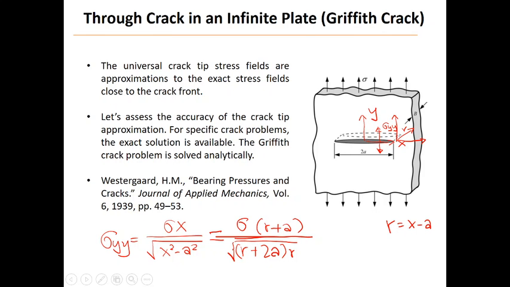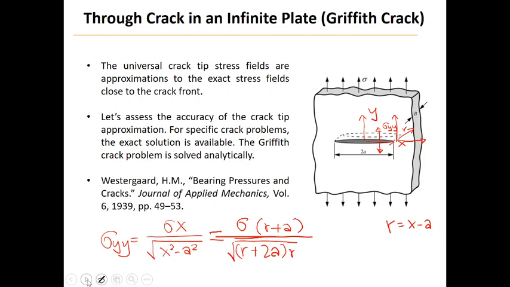Okay. So this is the corresponding exact solution in Westergaard, and if we can compare that now, right? So this is the stress along the line right in front of the crack, and it's the sigma YY, right? So that's in that direction, and this is the exact solution.